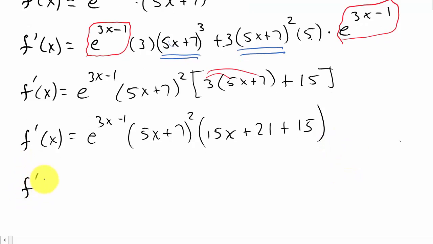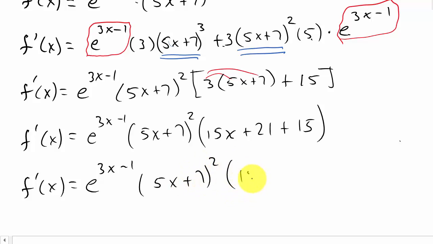And so that gives me f prime of x is equal to e to the 3x minus 1 times 5x plus 7 squared times 15x plus 36.